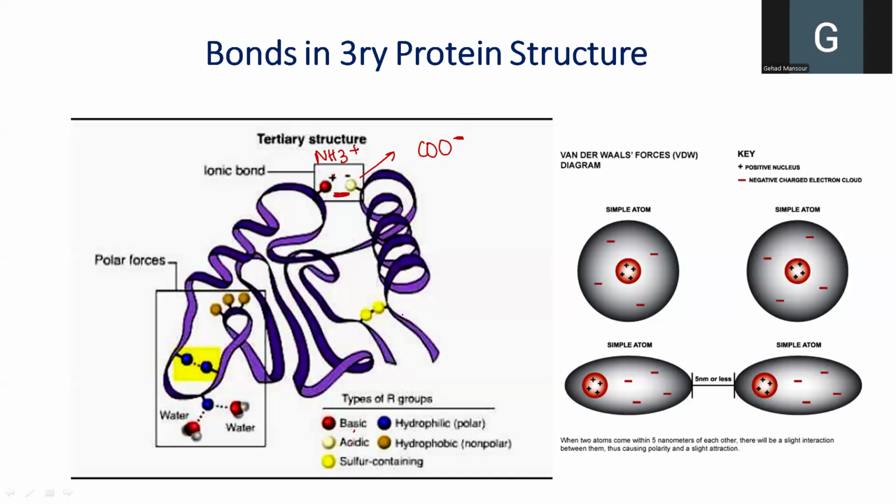And then here we have the hydrophilic bonds. And the hydrophilic bonds are bonds that are made between polar R groups. So when we say hydrophilic, look here, the blue ones, hydrophilic bonds between polar R groups. So if you have an R group that does not necessarily contain COOH or NH2, but it is a polar R group, and one R group, the variable that we don't know, has at its end a partial positive charge.